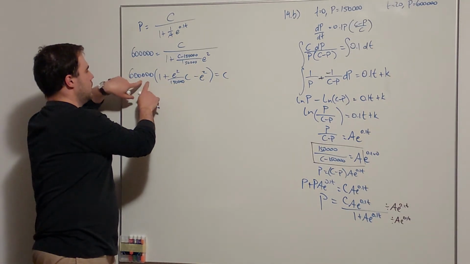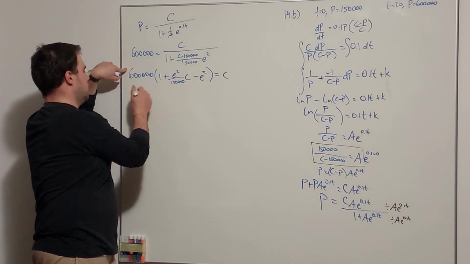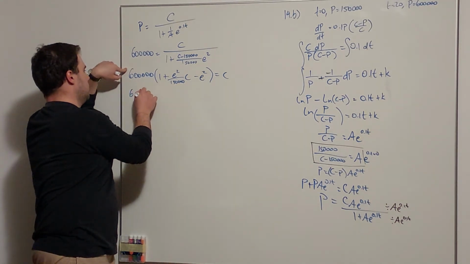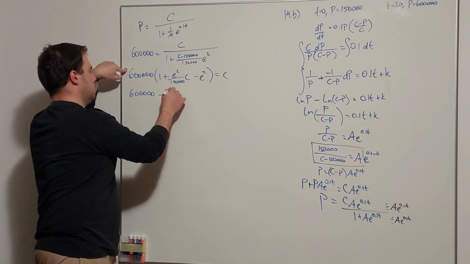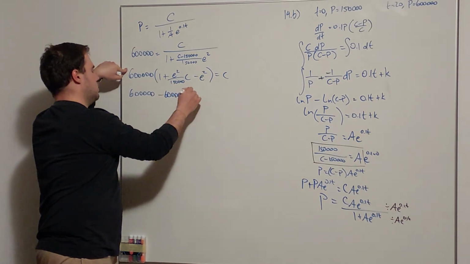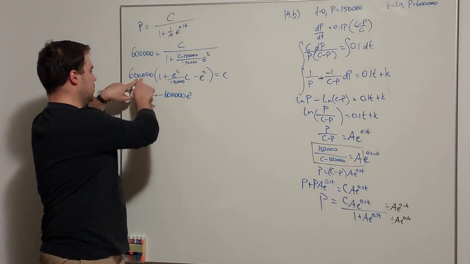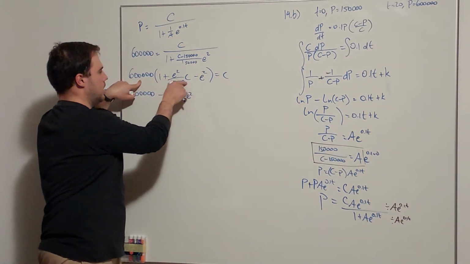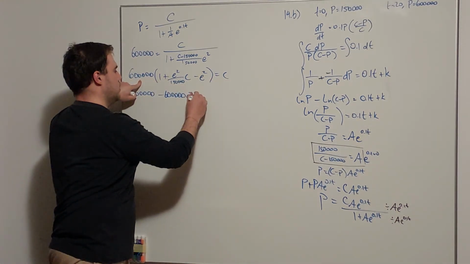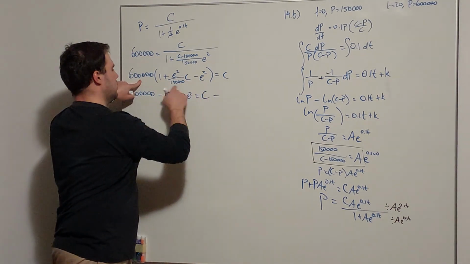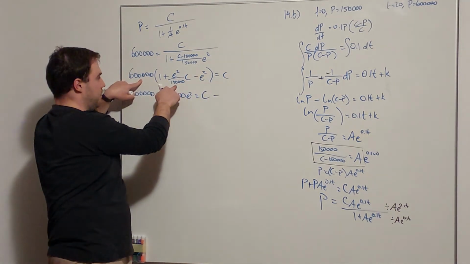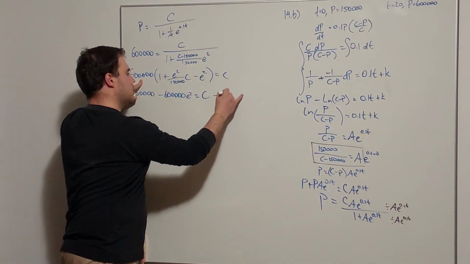So if I distribute out everything, 600,000 times that is going to be 600,000 minus 600,000 e squared, and then if I distribute the 600,000 to that and move it over here, you're going to get this C minus 600,000 on 150,000, which is 4, so 4e squared.